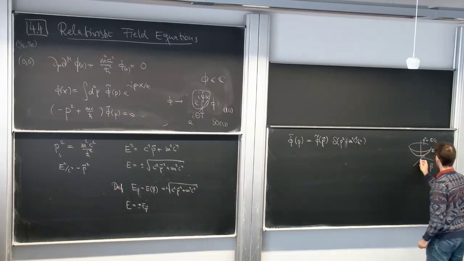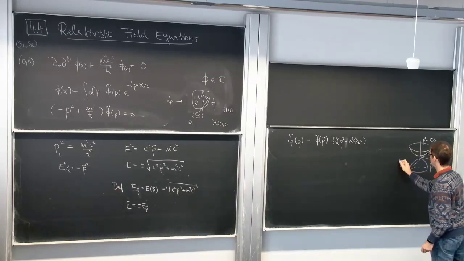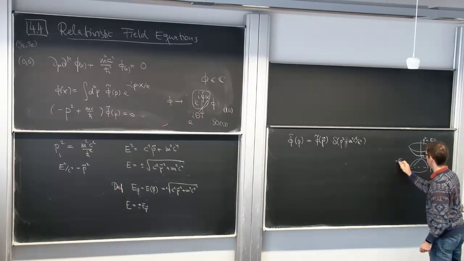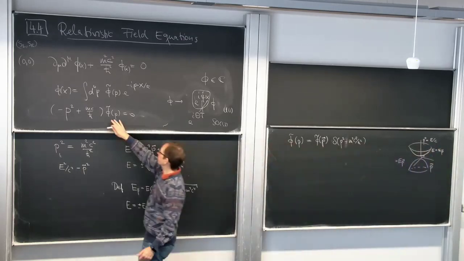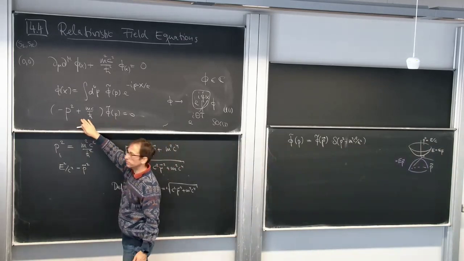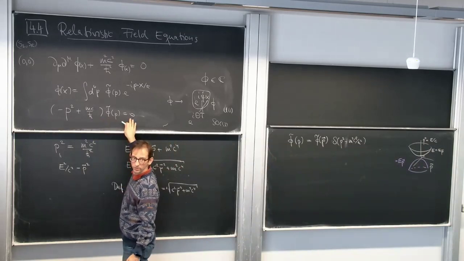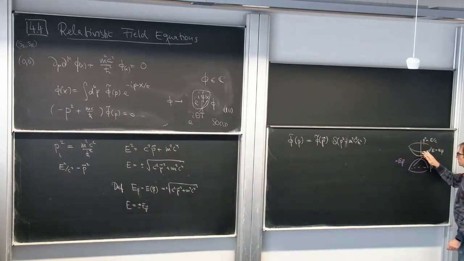Today I'm going to try purple. So this is the negative energy mass shell. And only there is your scalar field non-zero, right? Why? Because outside the mass shell, the factor is non-zero, and then that would be non-zero, and it wouldn't satisfy your equation. So you have a non-zero value just on this hyperboloid.